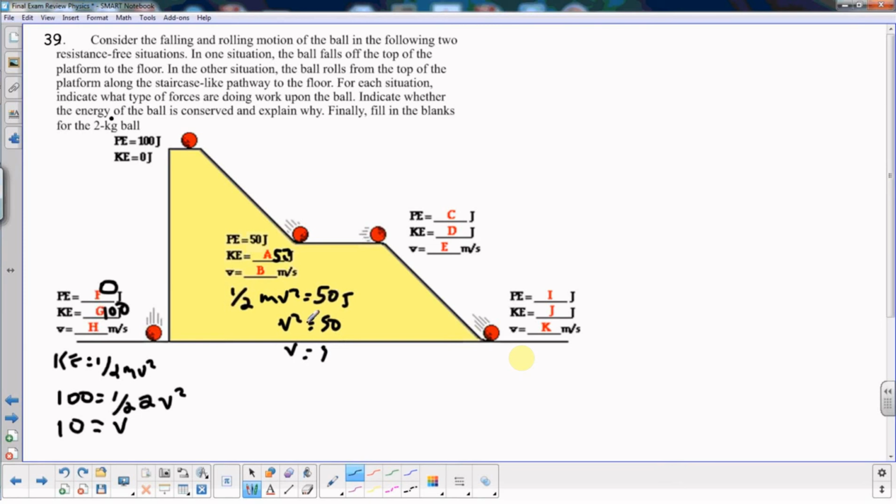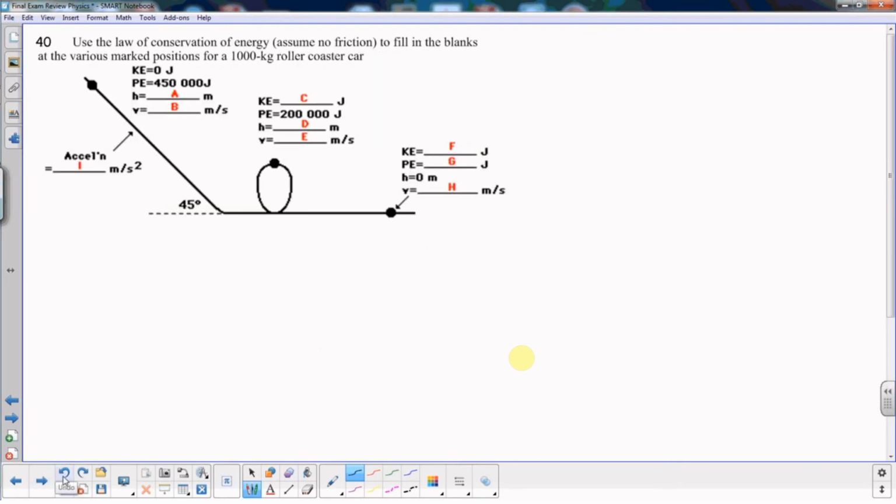Because I'm not going anywhere, that's still 50, which means that's still 50, and that's going to be 7 because it's the same. And then here's 0, 100, and you'll see it's still 10. You guys did this, and we said don't worry about this, continue to not worry about that. I just don't know how to get rid of it.